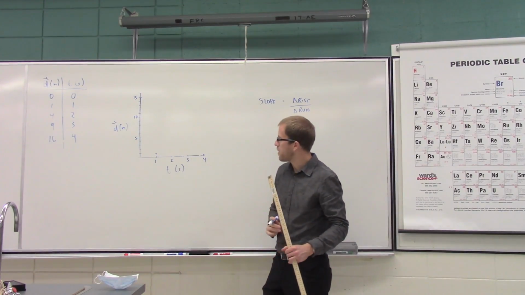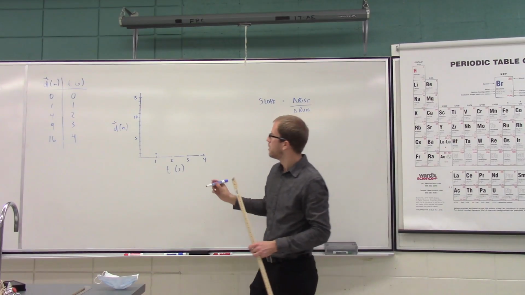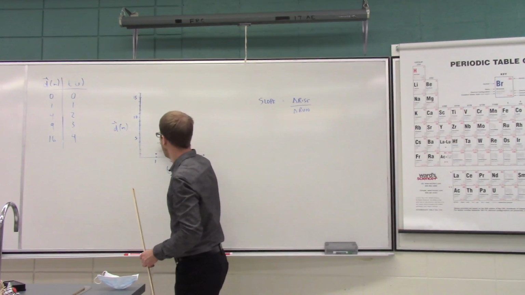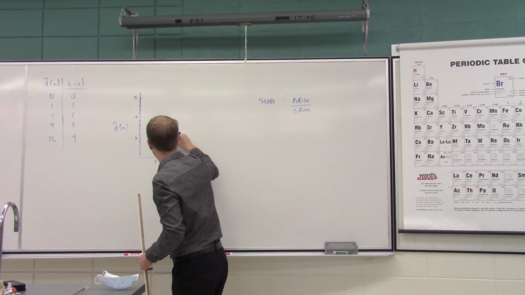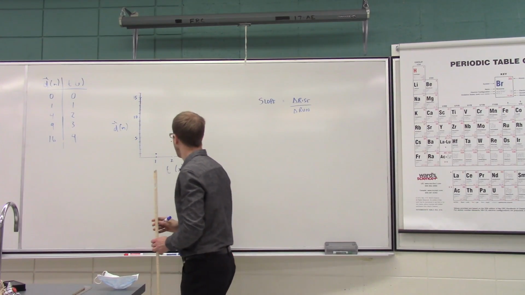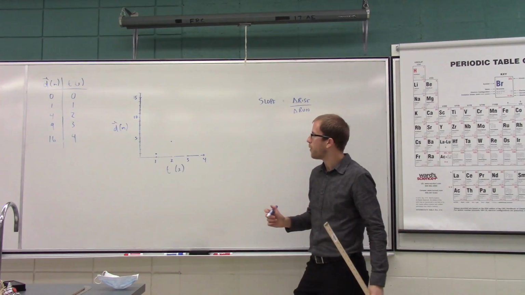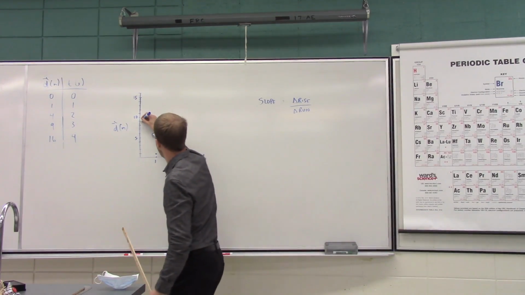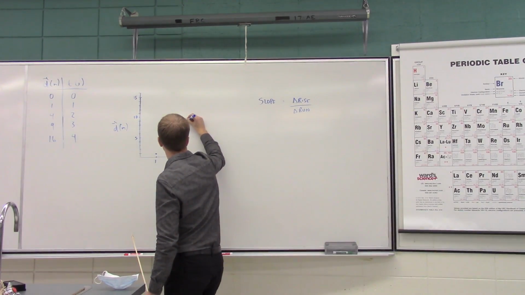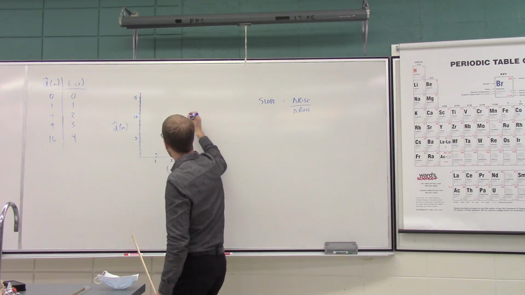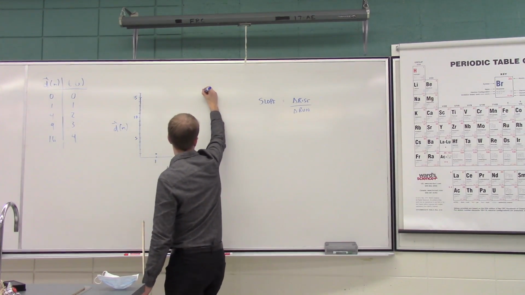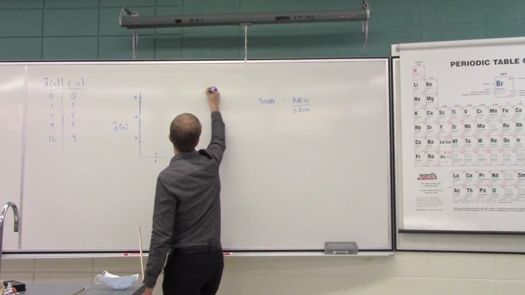My second point, if I plot it out, is at 2 and 4. My third point is at 3 and 9. And my fourth point is at 4 and 16, something like that.